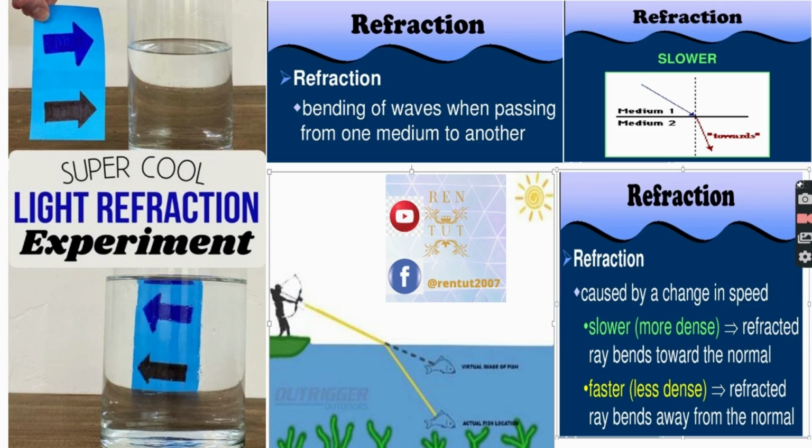This is a cool experiment that we can do. Okay, this is for an activity. Two arrows pointing towards the right hand side are brought behind a glass full of water.